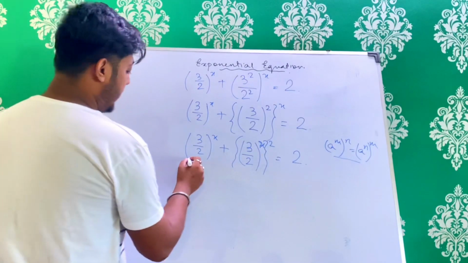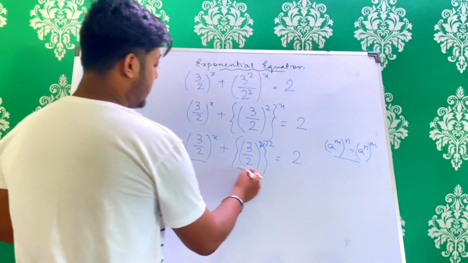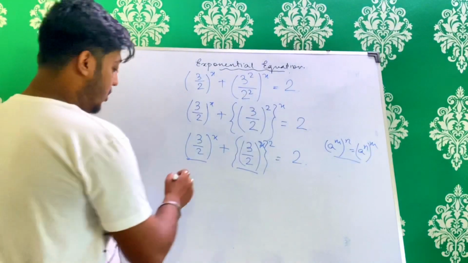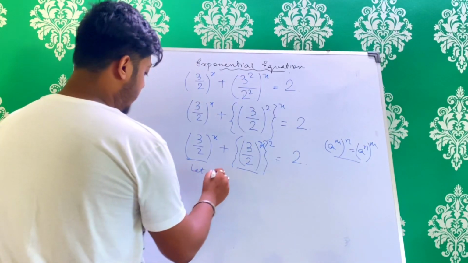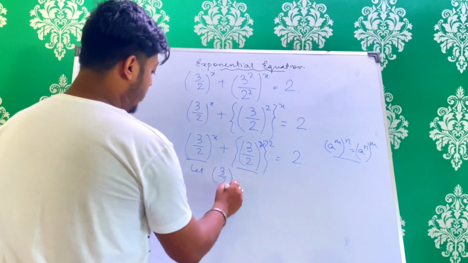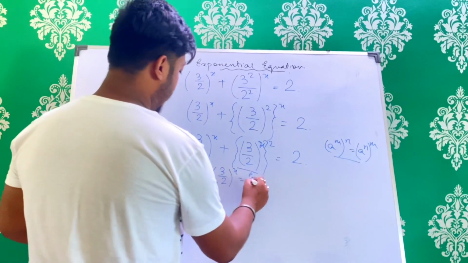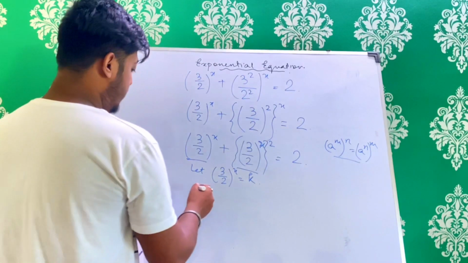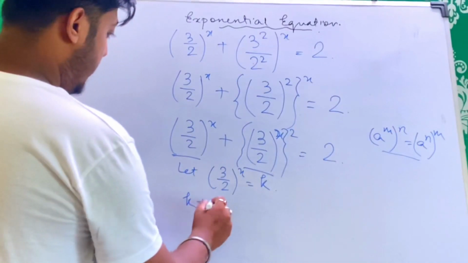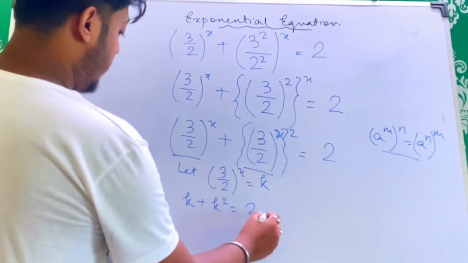Now we are getting 3 by 2 whole to the power x in both the terms. So let 3 by 2 whole to the power x be any variable, let it be k. Now the equation would be k plus k square equals 2.